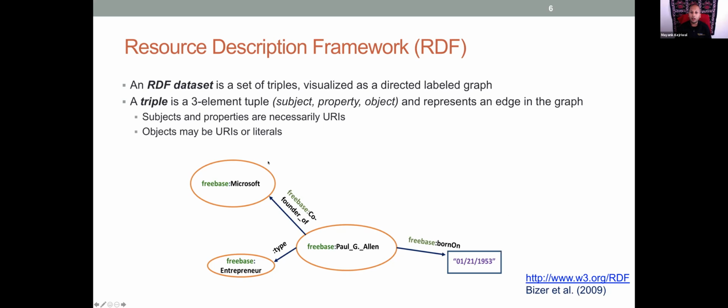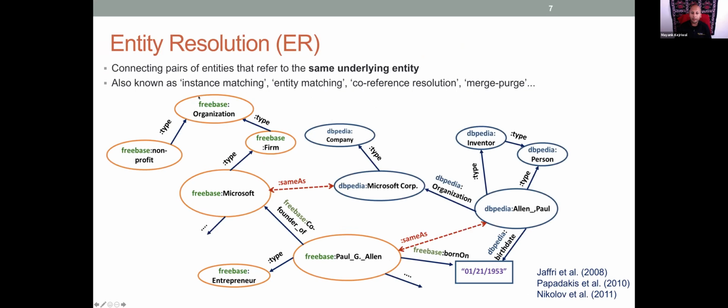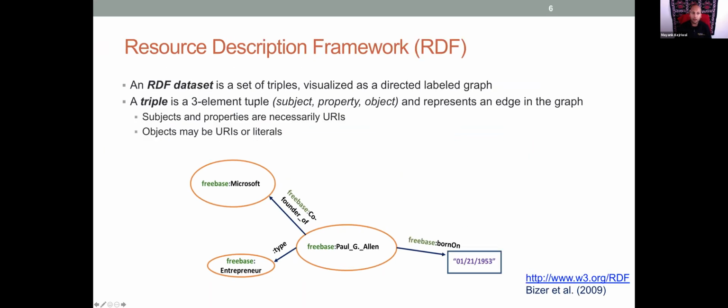But not every triple can actually meet the definition of an RDF triple. There's a very specific format that you must obey when you have an RDF graph. The subject, or the head entity, must be a URI, or a uniform resource identifier.